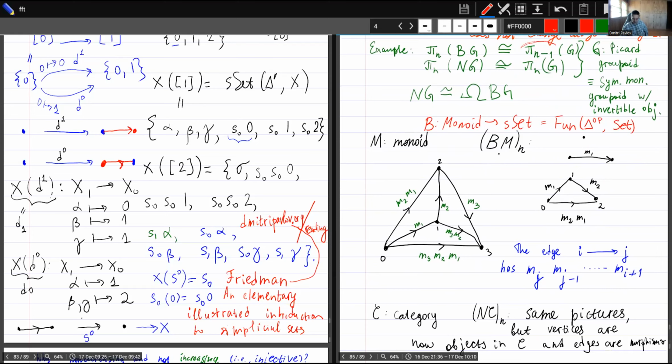So BM will be a simplicial set, and its sets of n-simplices will be as follows. There will be a single zero simplex, which is a single vertex in your simplicial set. The set of zero simplices has a single element.